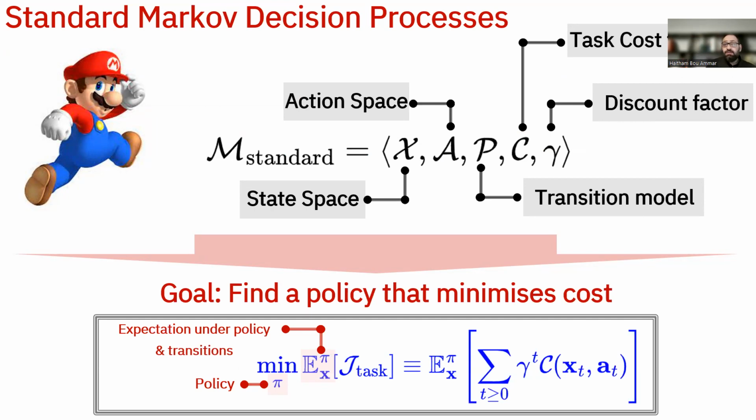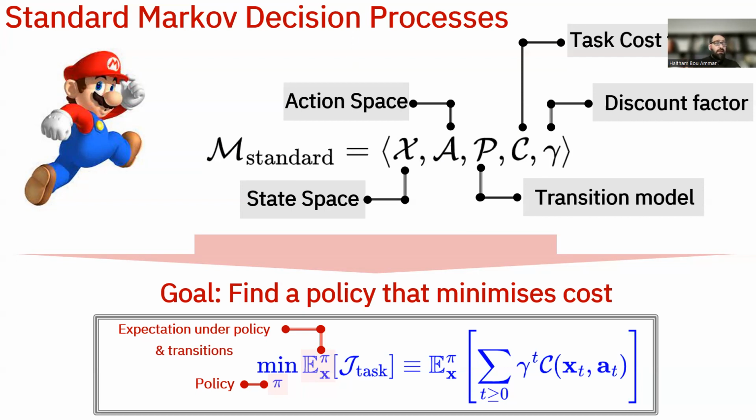So this is the standard Markov decision process. We have a state space where I'm at, an action space, what am I allowed to take in terms of actions, a transition model, how the environment will behave, and a cost telling me how well I'm doing in that environment, and a discount factor.